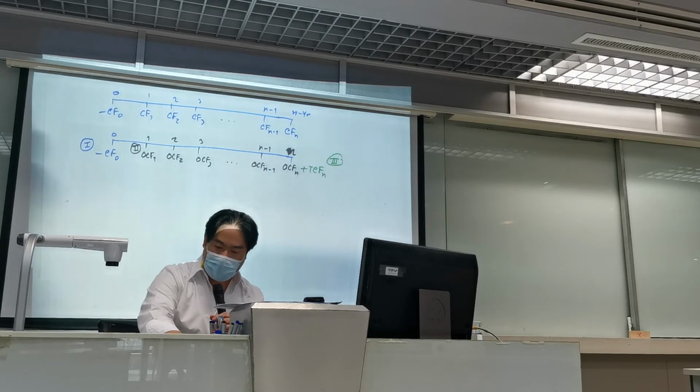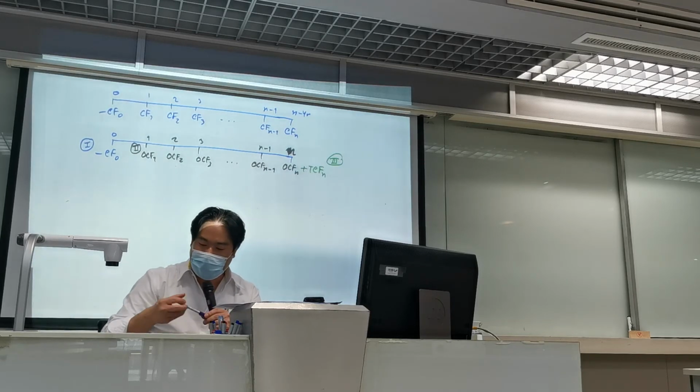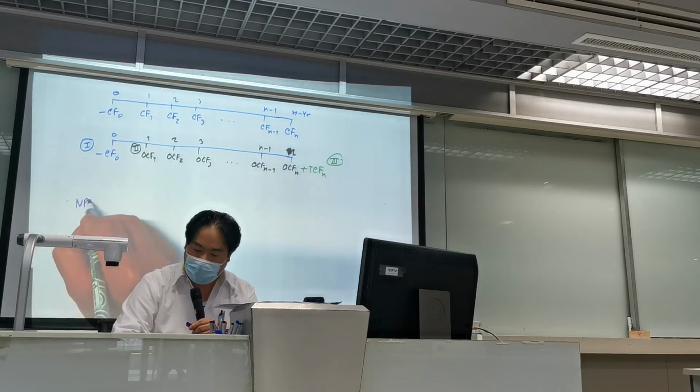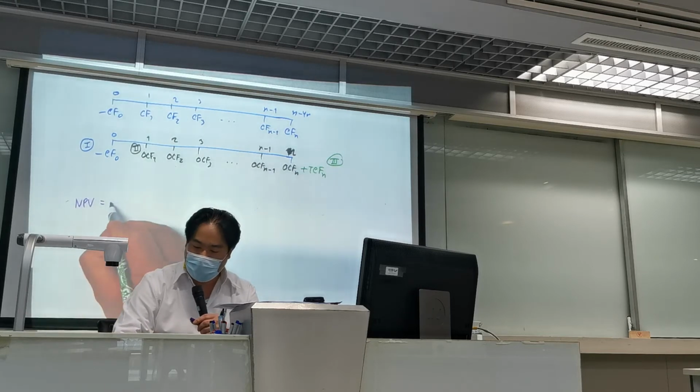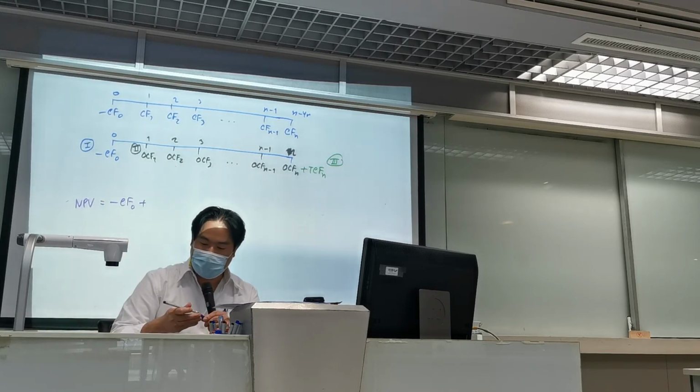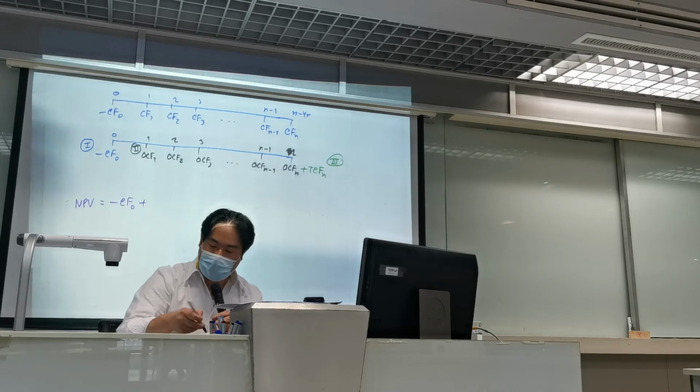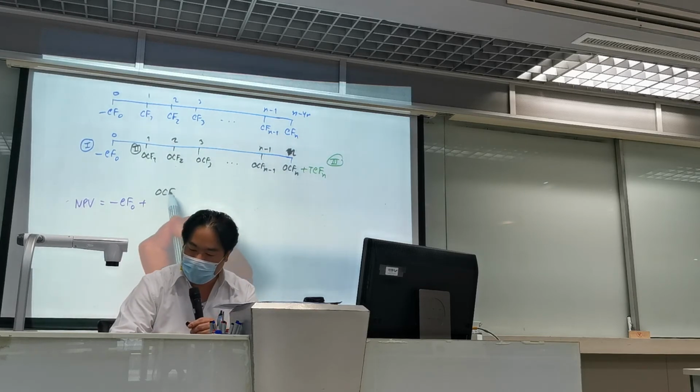Okay. Put them all together, you can calculate NPV like this. So NPV equals cash flow 0. Then you discount operating cash flows in each year.